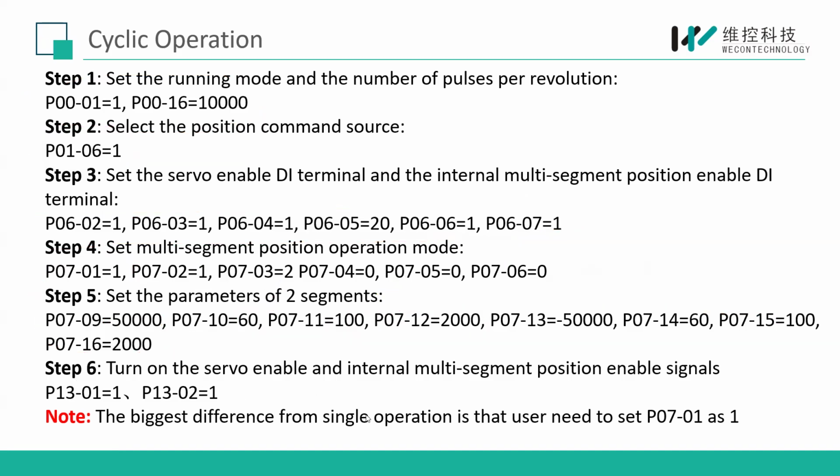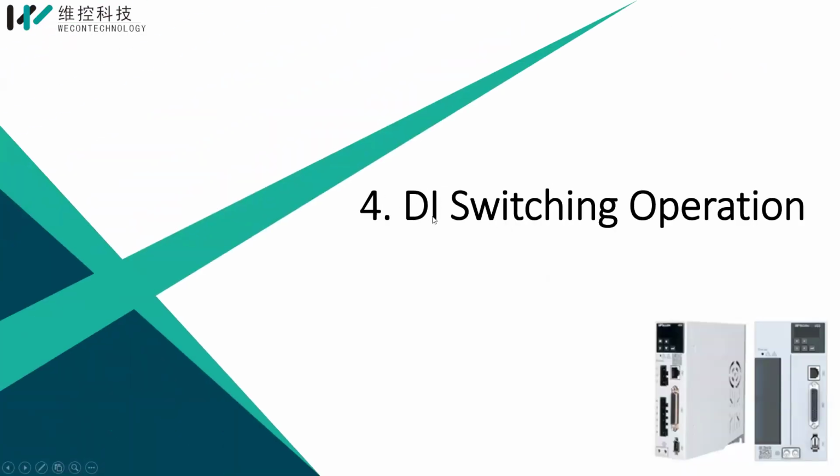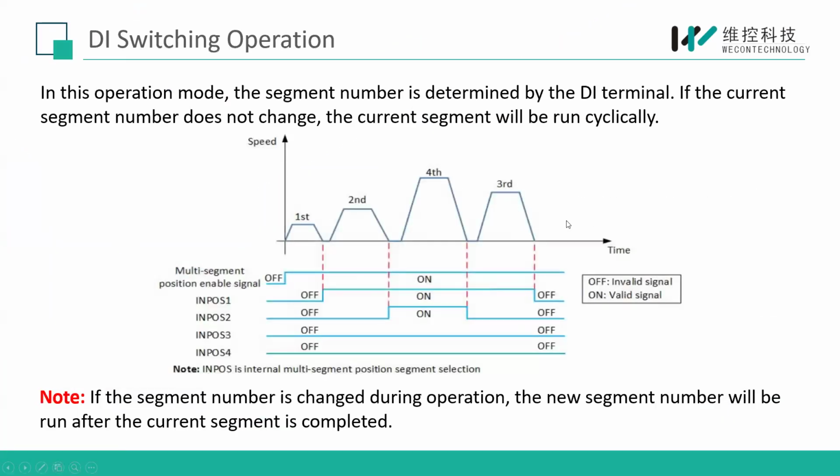Okay, and the other settings are also similar. The only biggest difference is this parameter, P7 and 1. Okay, and then we can check DI switching.